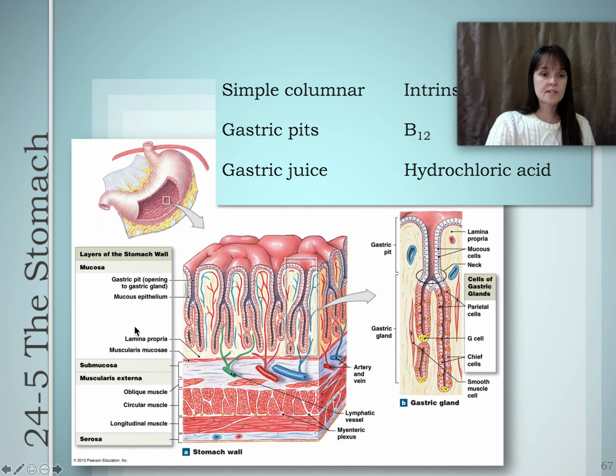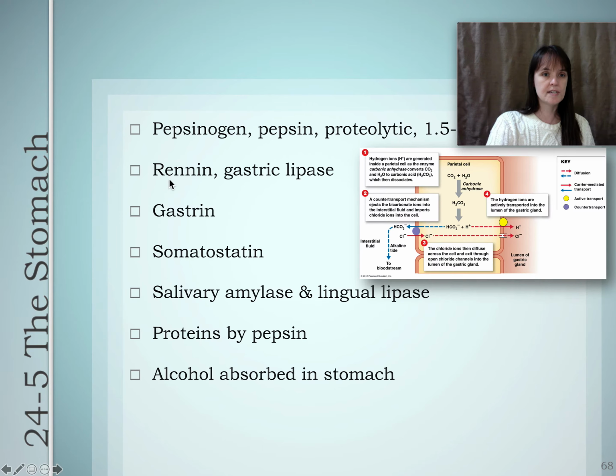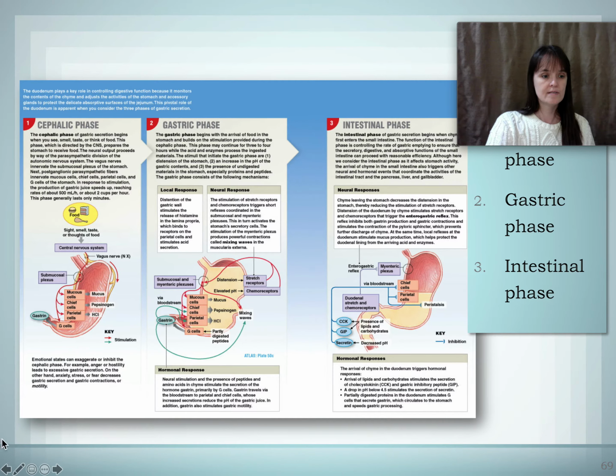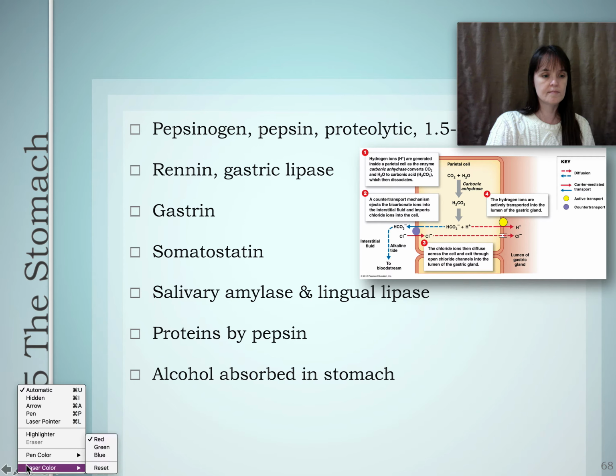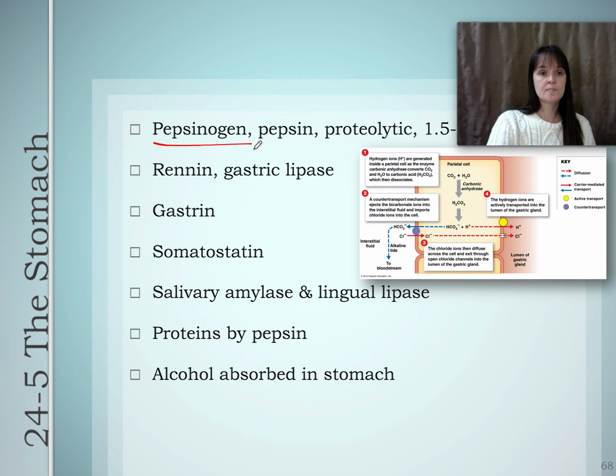Chief cells secrete pepsinogen. We all recall that the -gen makes whatever comes before it. So pepsinogen makes pepsin, which is an active proteolytic.